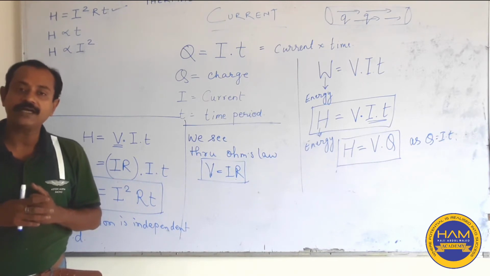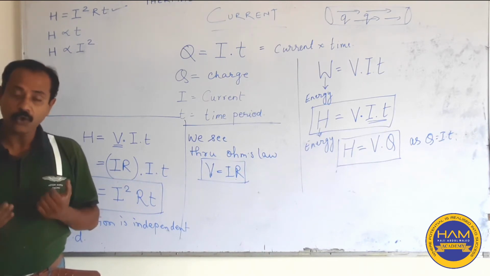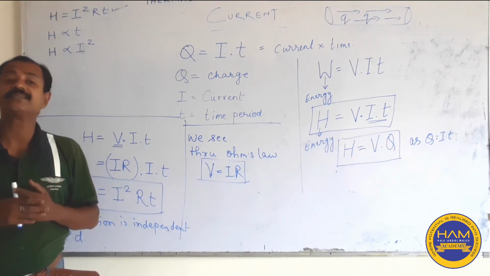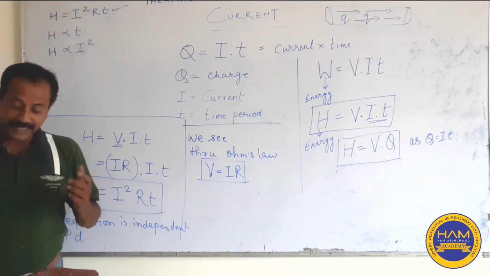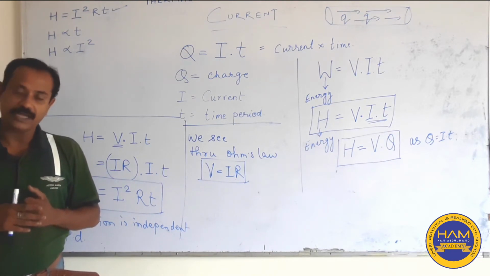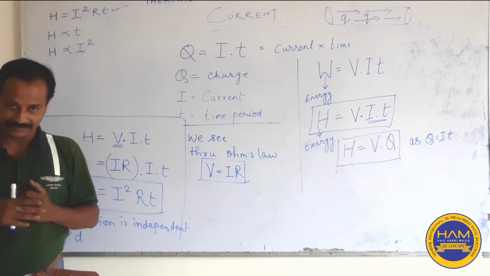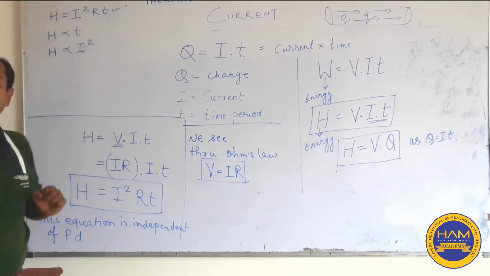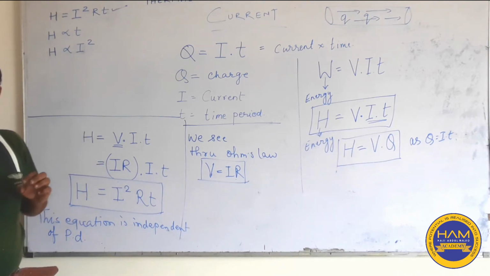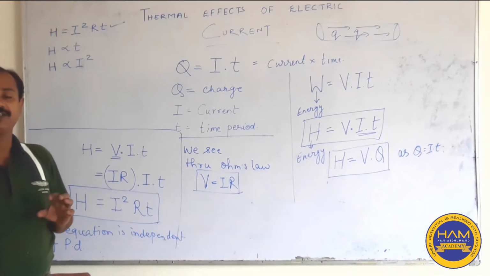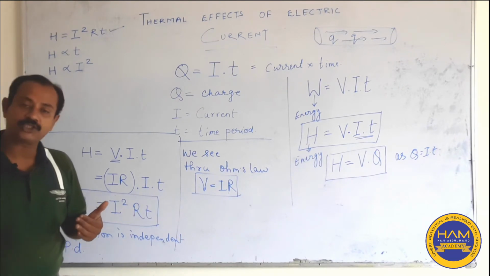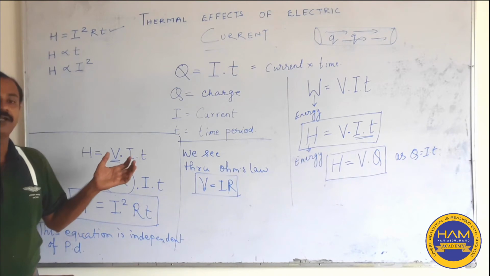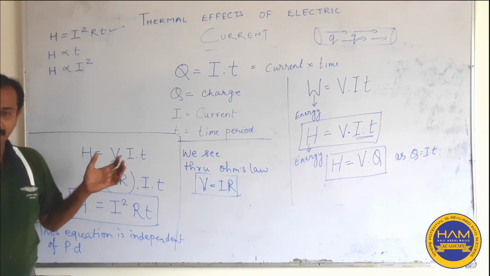The nichrome wire is heated so much that it starts emitting red light, as well as it gets heated up, and that heat can be used for cooking and keeping the room warm, etc. So students, I think by these equations and by the explanations, we are very much clear about the heating effect of electric current. In my next lecture, I will be talking about the electric power. The continuing part of this, we will be doing the electric power.